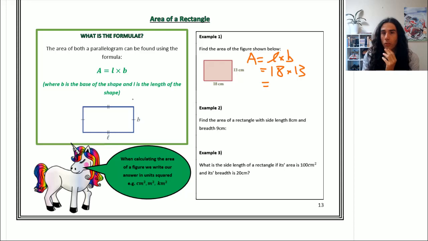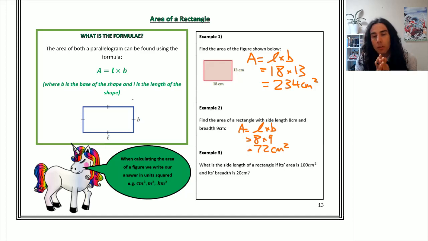So 234. I could have got that wrong. Next. Find the area of a rectangle. Side length 8. Breadth 9. So you go area equals, if you got space, length times breadth, 8 by 9, 72. Centimeters squared.